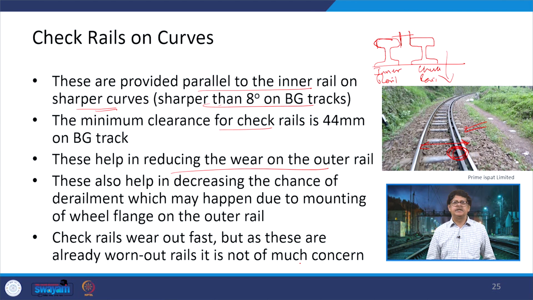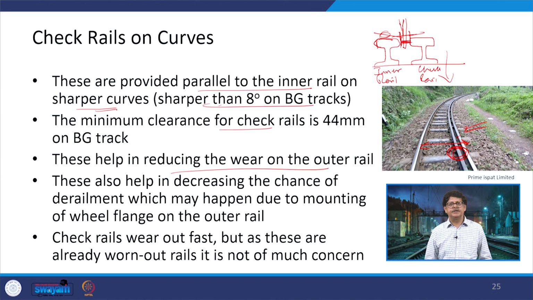This helps in reducing the wear on the outer rail. This also helps in decreasing the chance of derailment, because if the movements are there, then there is a possibility of derailment. So, this movement, the movement of the flange, is being controlled. So, if we make a flange here, and this is the wheel, the movement which is going to be there will be controlled here.